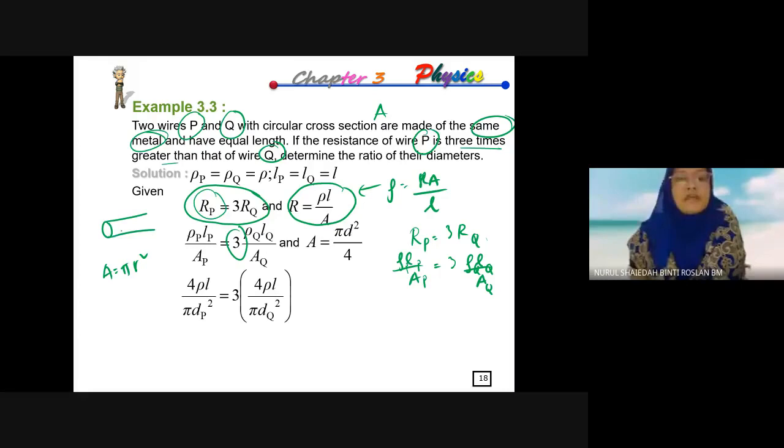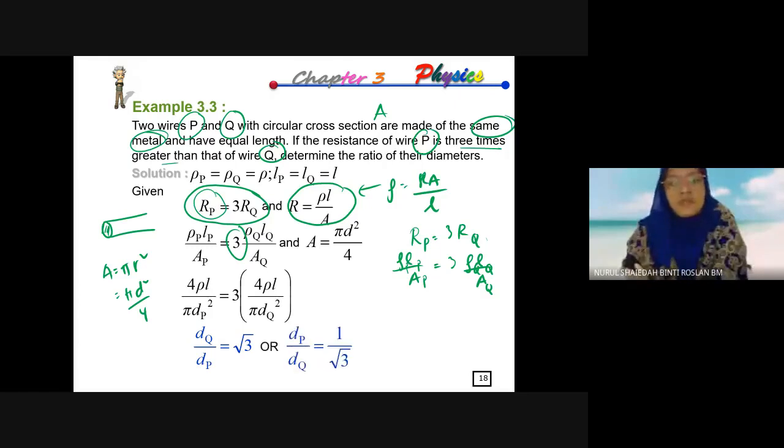Sebab dia adalah bentuk wire. Wire adalah pi r squared. Tapi dalam kes ni dia guna pi d squared over 4. So dari situ dia masukkan. So you akan dapat inilah. So diameter dia adalah square root 3. So ini adalah contoh soalan dia lah. Okay. Boleh?